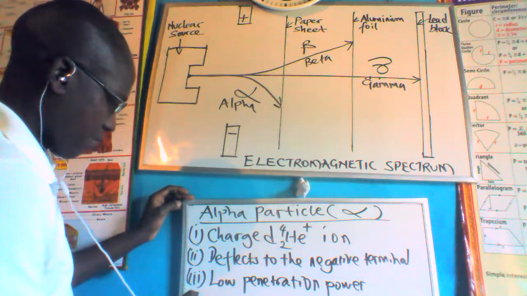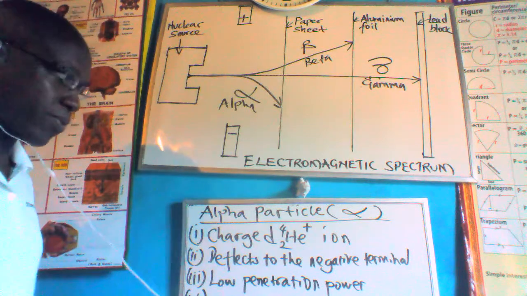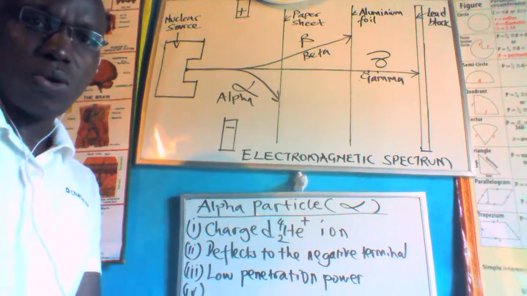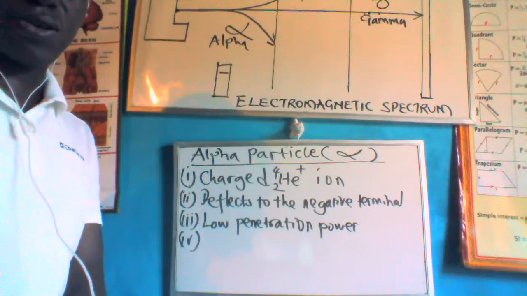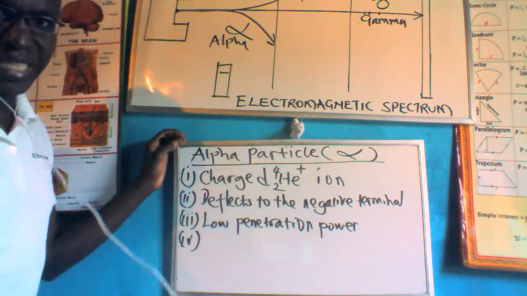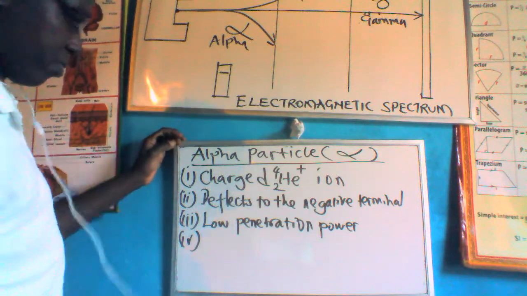Number 4, given its property of mass number being 4 and atomic number being 2, whenever the helium particle is radiated, it causes a change in the mass number by 4 and atomic number by 2.